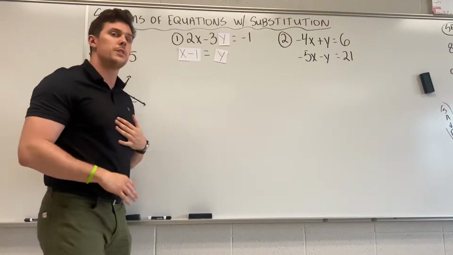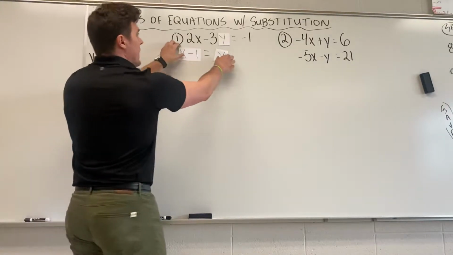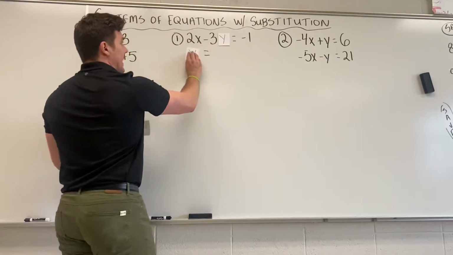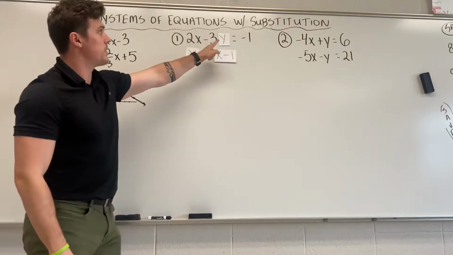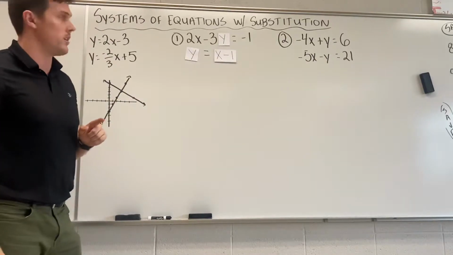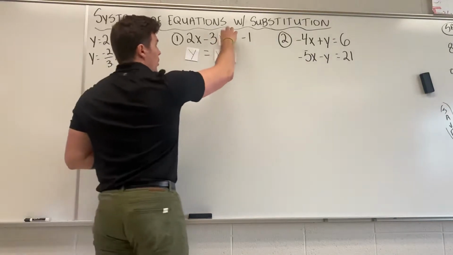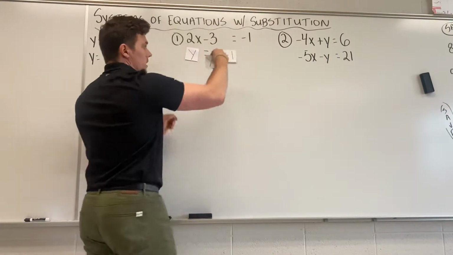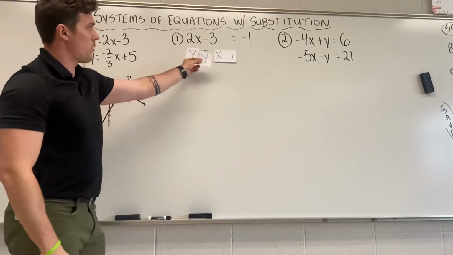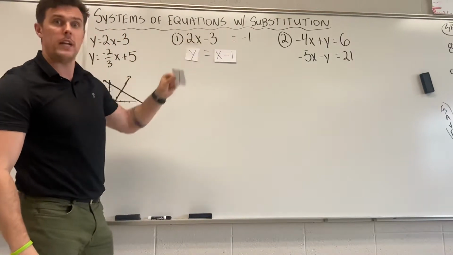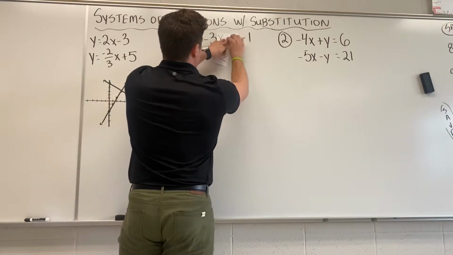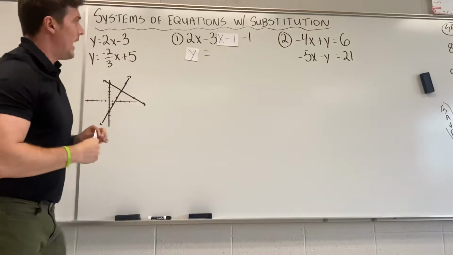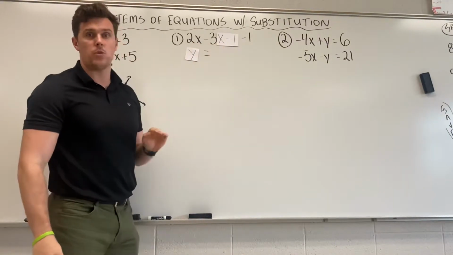So here's how that substitution method works. Because I can trade these, I can substitute them, I can exchange one for the other, I can also substitute in my original equation, okay, my other equation. So we've got y right here, okay? Because y equals x minus 1, I can take y out of my equation, and then I can substitute or plug in, oh, that covered the equal sign, I can plug in x minus 1, okay?